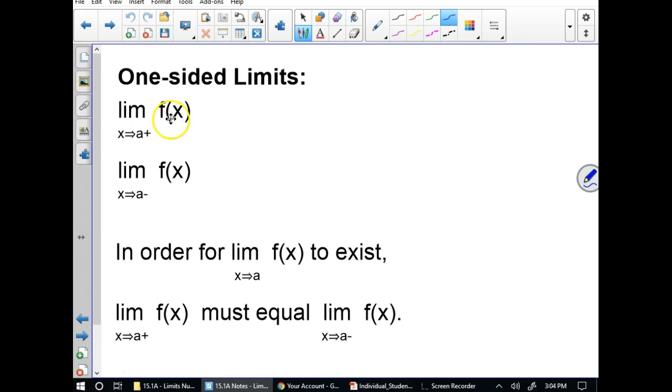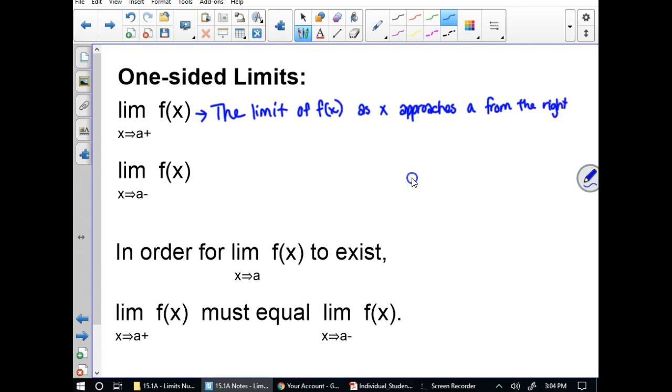So whenever you see notation that looks like this, you've got the limit of f of x as x approaches A, and then you have a plus sign behind your A. The plus is not in front of the A. This is not a positive A, but the plus is behind the A. What this means right here is the limit of f of x as x approaches A from the right.